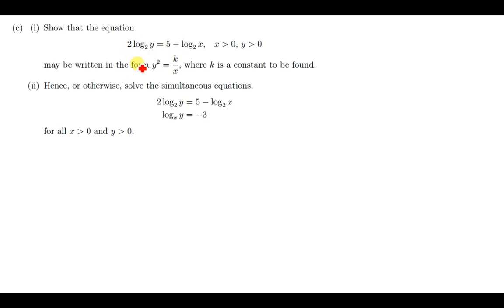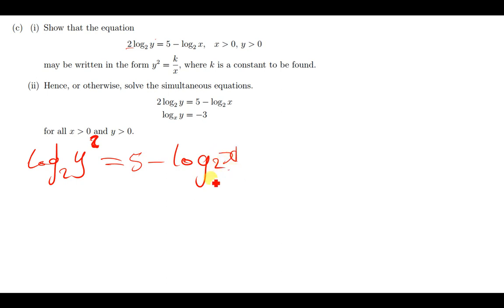Remember what I said, if you have anything on this side, it can easily go there. So we can write that equation as log y base 2 to the power 2 is equal to 5 minus log x base 2.